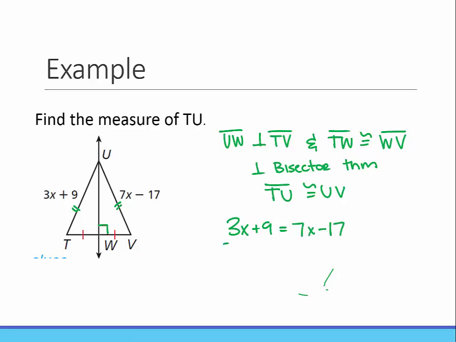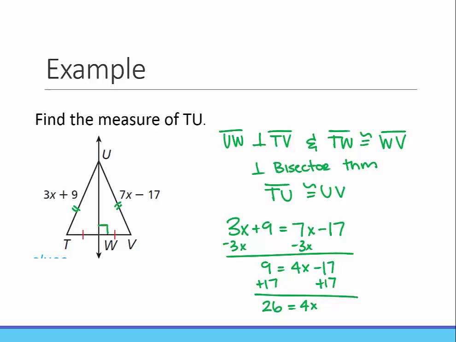But now we can solve this for x. So let's do a little algebra. I'll add 17 to both sides. So we get 26 equals 4x. Divide both sides by 4. This won't come out nice and pretty, but that's okay. We'll get x goes into this 6 times evenly with 2 left over, so 2/4 is the same thing as 1/2.